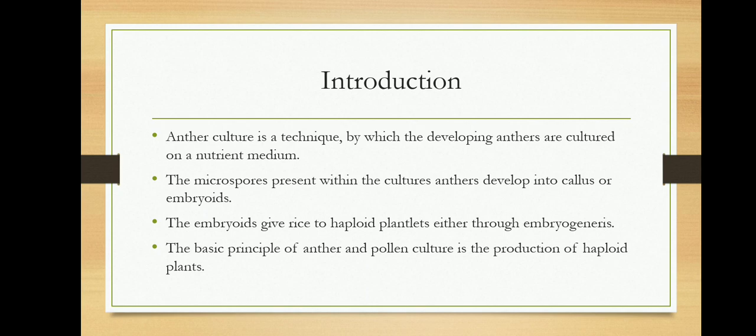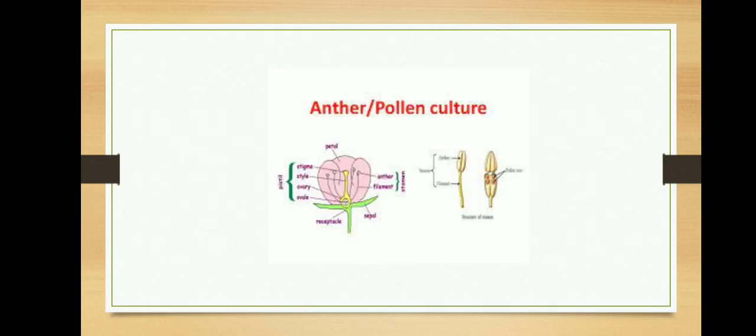And mainly the basic principle of the anther culture or pollen culture is the production of haploid plants. And generally the culturing technique is based on the totipotency of microspores and the occurrence of a single set of chromosomes in the microspores.